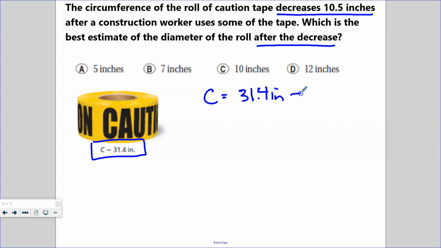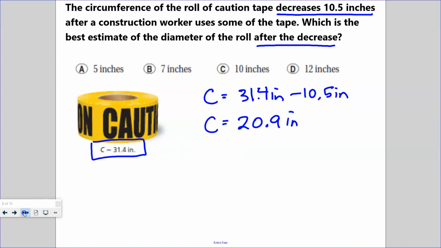They used 10.5 inches of that tape, so we need to do something first. Circumference is going to equal 31 and 4/10 minus 10 and 5/10. And so we're going to end up with a circumference of 20 and 9/10 inches.